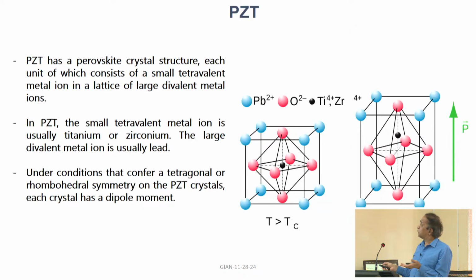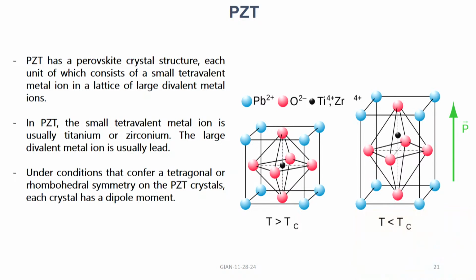And this one shows traditional ferroelectrics such as barium titanate or PZT for temperatures above the ferroelectric Curie temperature. The structure is cubic, and the titanium or zirconium is placed right at the center of this octahedron. So, the centers of positive and negative charges overlap. The negative charge here is oxygen, the positive charge is either titanium or zirconium.